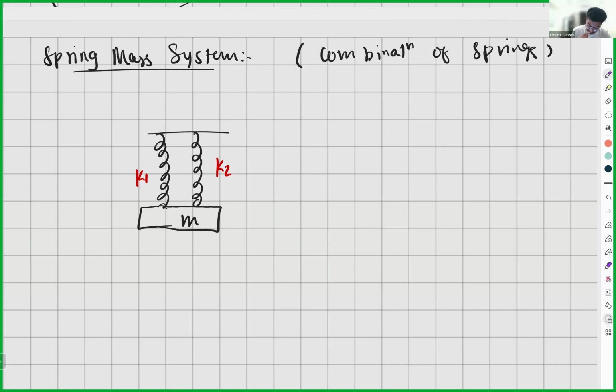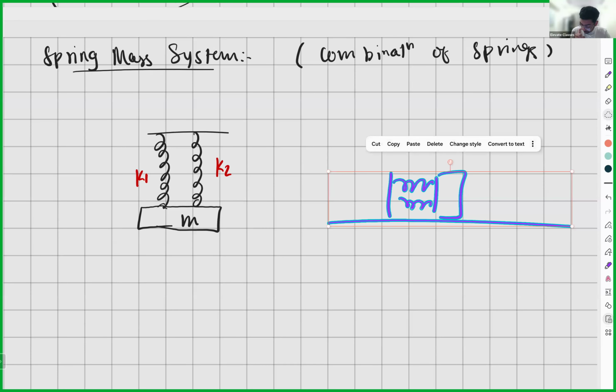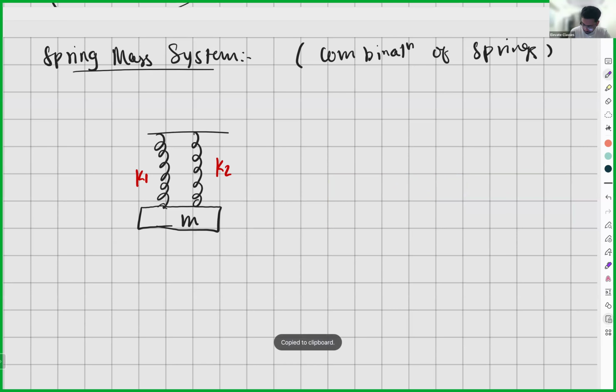When we try to oscillate such a system, not just against gravity but against any kind of thing, like you can keep it on a table also, we are not interested in how the spring mass system is kept because the dynamics remains the same. We are interested in the effect of the combination of springs.